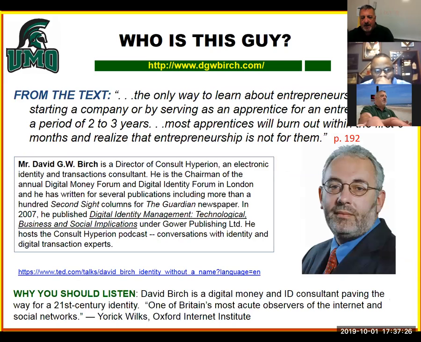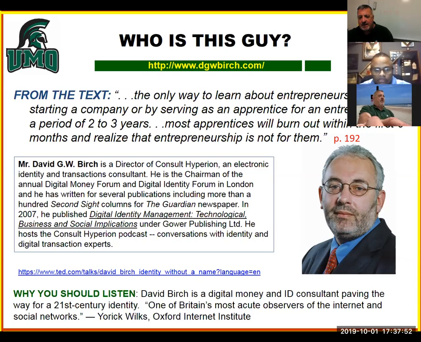Your text talks about Mr. David Birch, who is a consultant, and he has come out and identified that the only way to learn about entrepreneurship is by starting a company and serving as an apprentice. In other words, in order to be innovative, you have to learn to be innovative. The only way you can is by working for an entrepreneur. So it kind of flips it out.